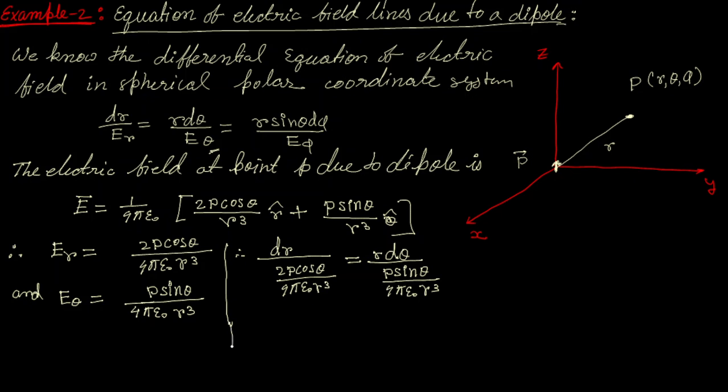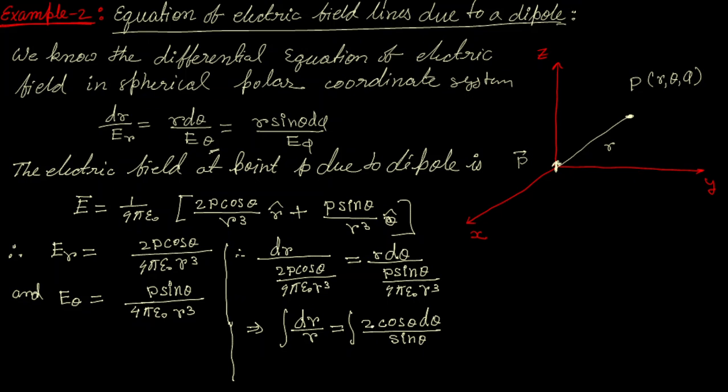And if we simplify this, finally we'll get an equation like this: dr divided by r equals 2 cos theta d theta divided by sin theta. So now we have separated the r dependent term and the theta dependent term.